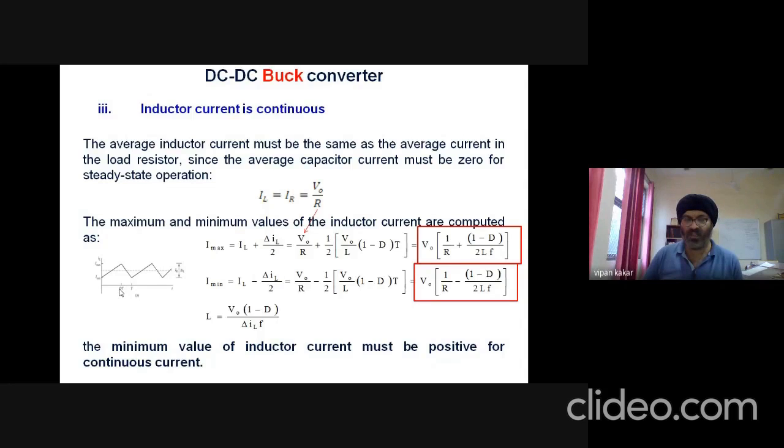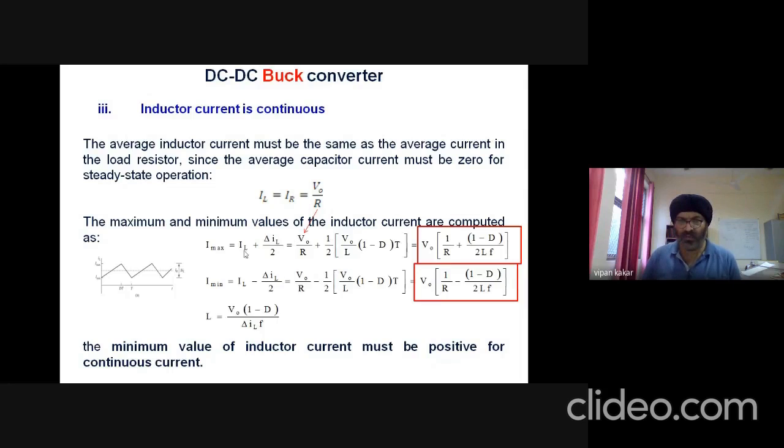From 0 to D T the switch is on, and from D T to T the switch is off. So I maximum is this peak over here, which is IL, the average current, plus this delta IL divided by 2, because of this half of this. Now what is delta IL? We have already calculated it in the previous one.